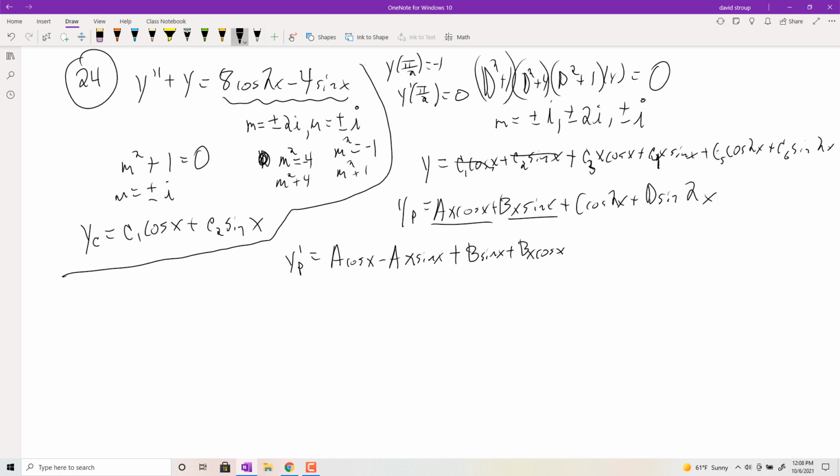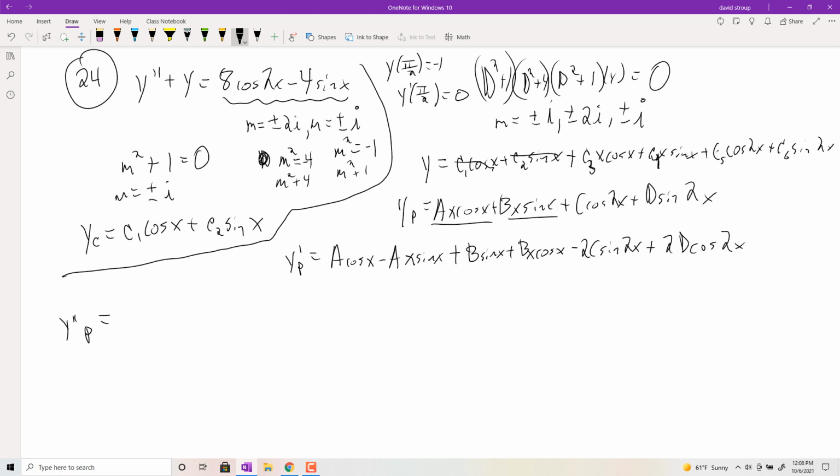Cosine derivative is negative. So negative 2c sine 2x plus 2d cosine 2x. See if you can simplify that any bit. And I don't think I can, so I'm going to go to the second derivative.